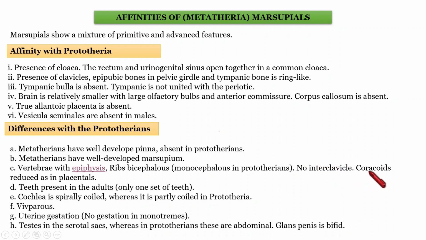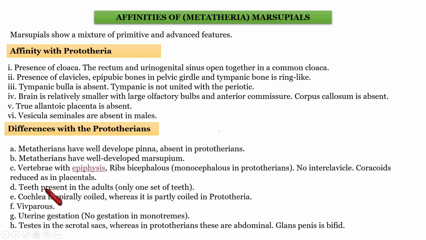Coracoid is a shoulder bone. It is reduced in metatherians. That is much similar to eutherians, placentals. And in that way, it differs from prototherians.